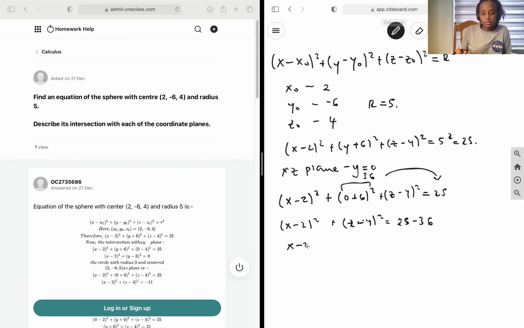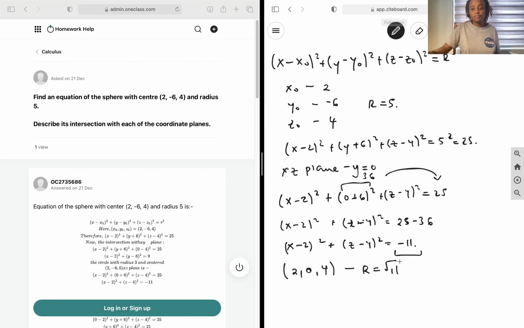And that will give us x minus 2 squared plus z minus 4 squared is equal to negative 11. Now this one is a bit harder to see, but we already know that we will have a circle centered at 2, 0, 4. The radius looks confusing because it's a negative and that doesn't make sense, but it will be a radius of root 11.